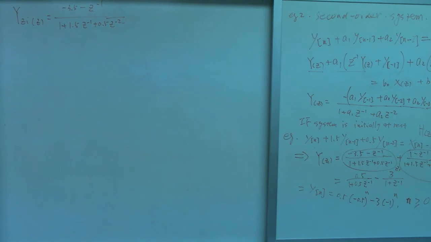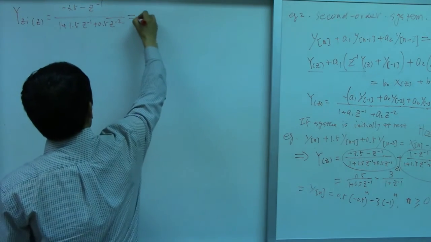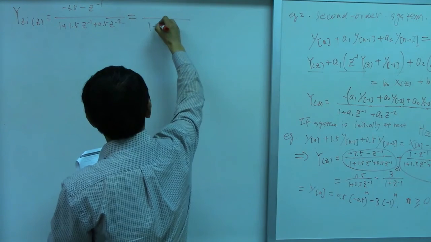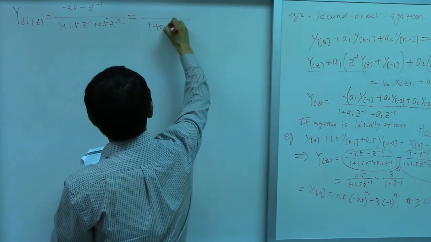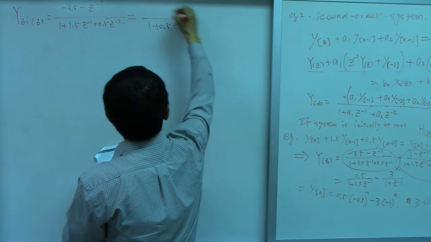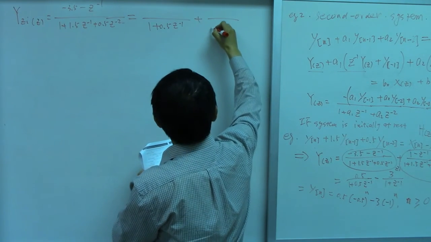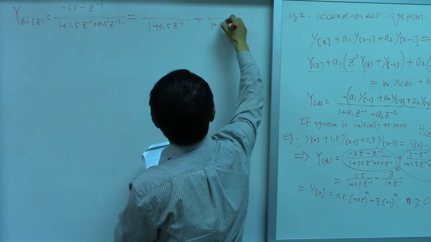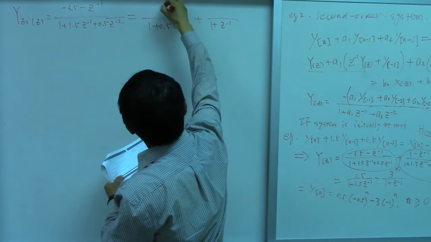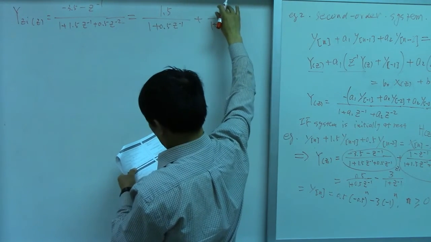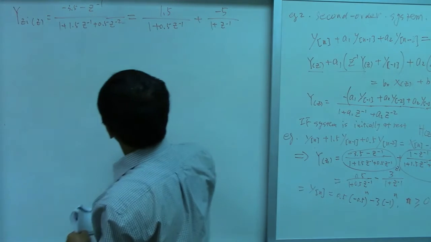Again, you do the partial fraction expansion, and this gives us A over 1 plus 0.5 z to the negative 1 plus B over 1 plus z to the negative 1, where A equals 1.5 and B equals negative 5.